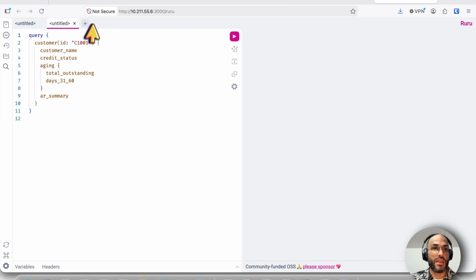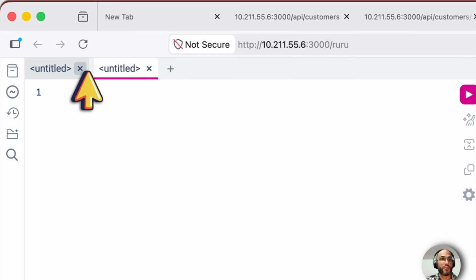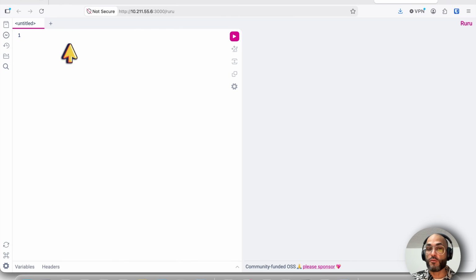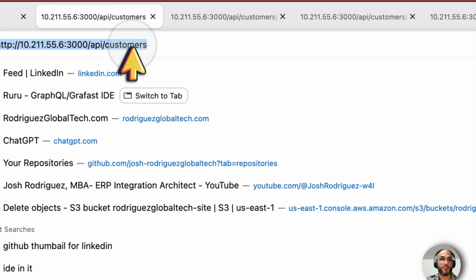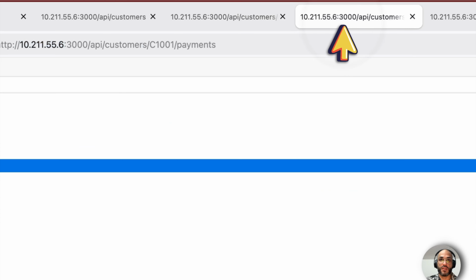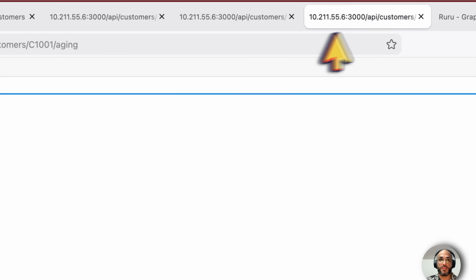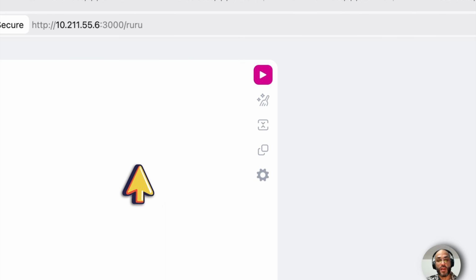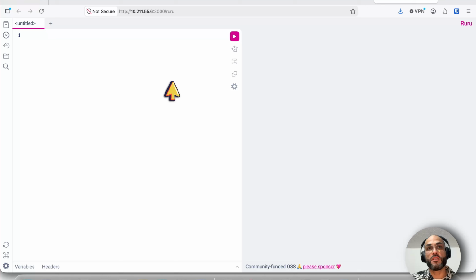GraphQL is a sort of easier way to perform queries on these endpoints, because we're making one call for customers, one for invoices, one for payments, and one for aging. GraphQL allows us to aggregate all of those, like if we were doing SQL queries, for those who are familiar with SQL development.